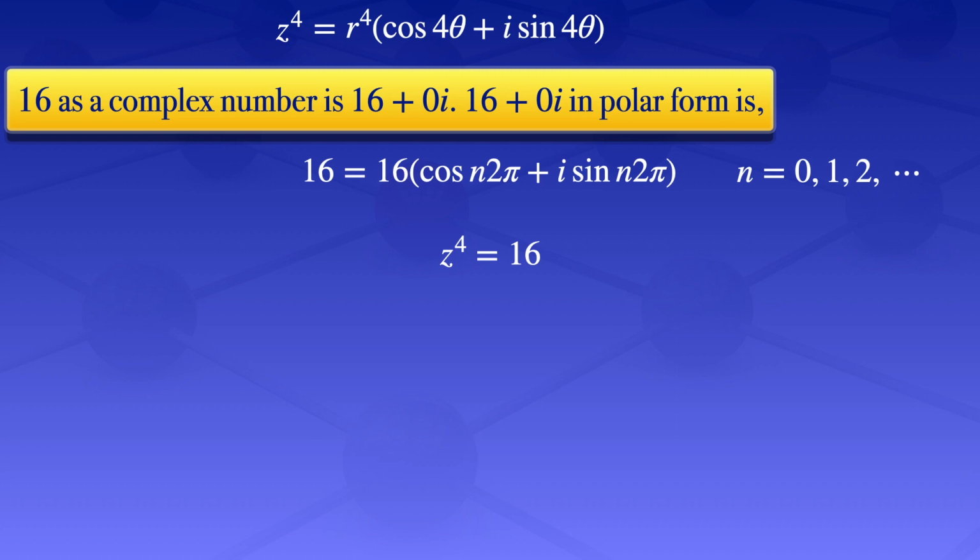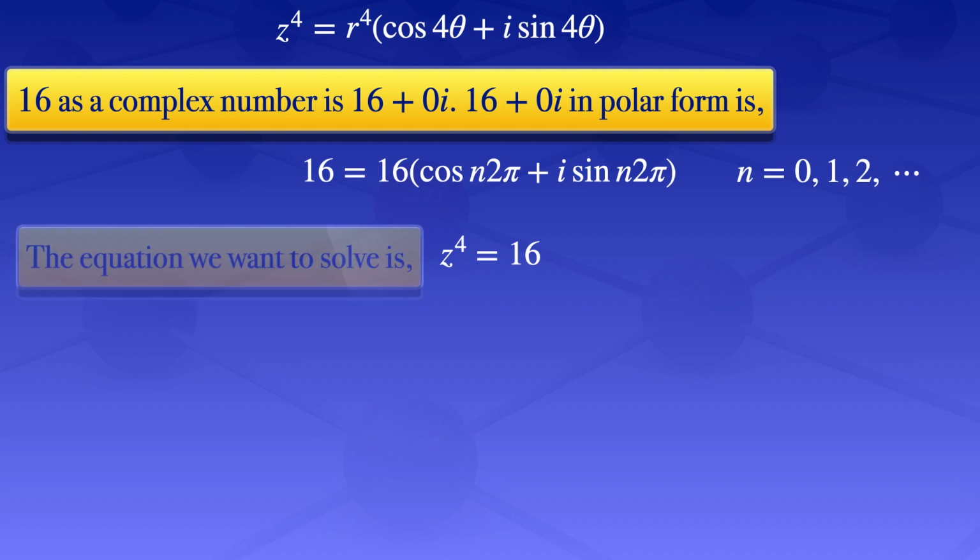We have so many n's there, 0, 1, 2, and so on, just because cosine and sine are periodic. So they repeat themselves after every 2 pi, so it will be 2 pi, 4 pi, and so on. That's why 16 is equal to 16 multiplied by (cosine of n 2 pi plus i sine of n 2 pi).